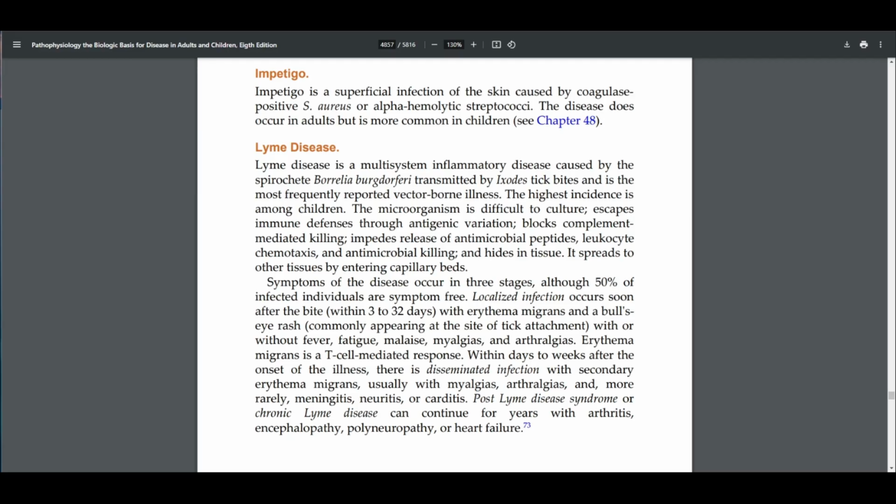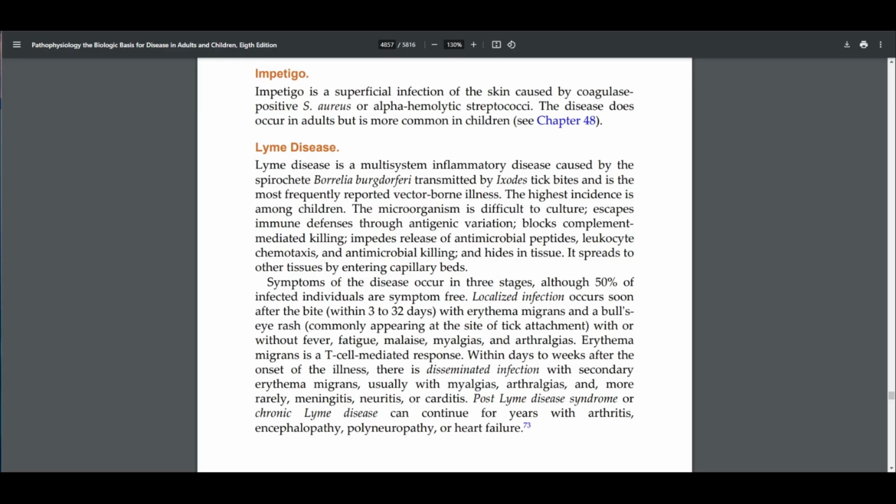Lyme's disease is a multisystem inflammatory disease caused by the spirochete Borrelia burgdorferi, transmitted by tick bites, and is the most frequently reported vector-borne illness. The highest incidence is among children.